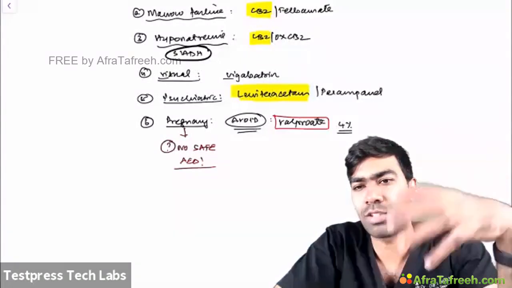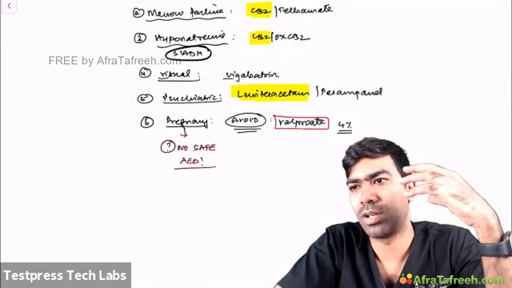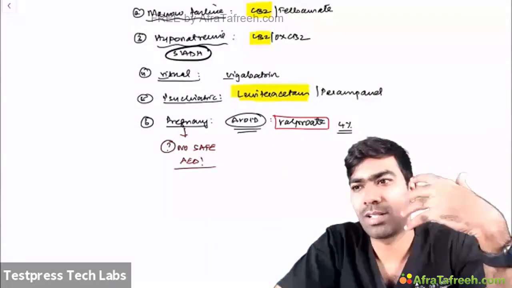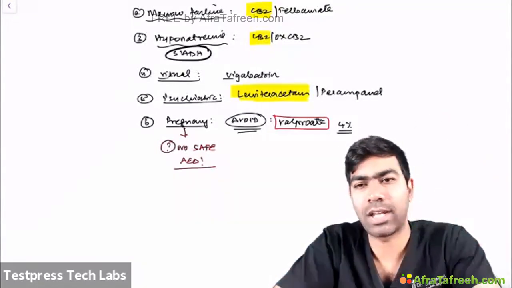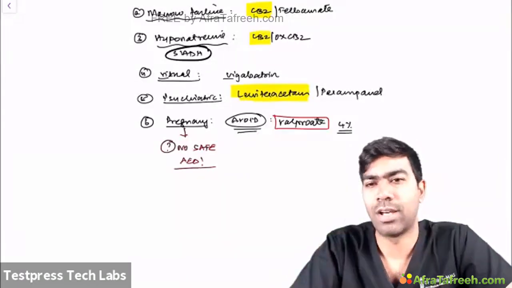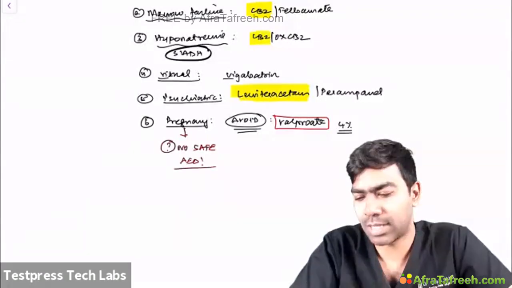At the same time, the choice of anti-epileptic drug in pregnancy depends on whether the seizure is controlled or not, and on the status of the seizures, whether it is refractory or not. So a lot of things you have to take into consideration, and you cannot say that this is the drug of choice I'll be using in pregnancy as far as seizures are concerned, because nothing is safe, to be honest.